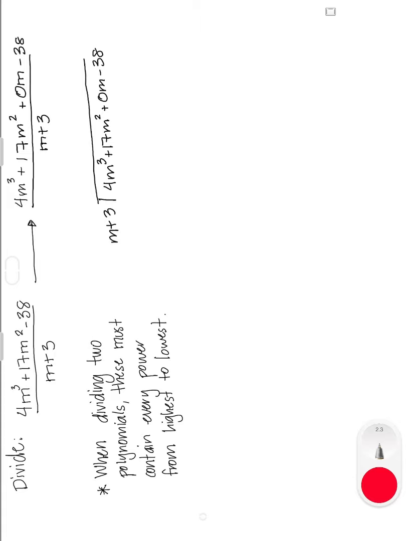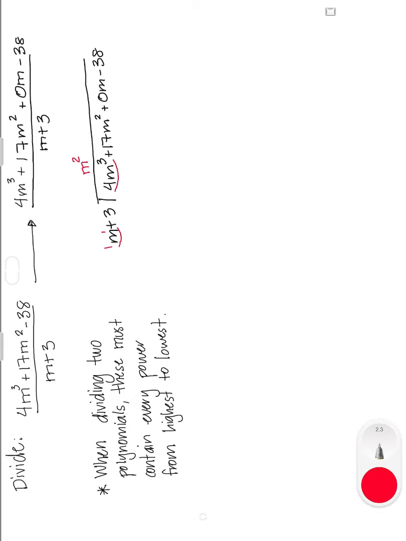So we are going to start the same way that we did with the previous example. We look at m and then 4m cubed, right? Because this is m to the first power and we have m cubed, that means we need 2 more, so we're going to multiply times m squared.